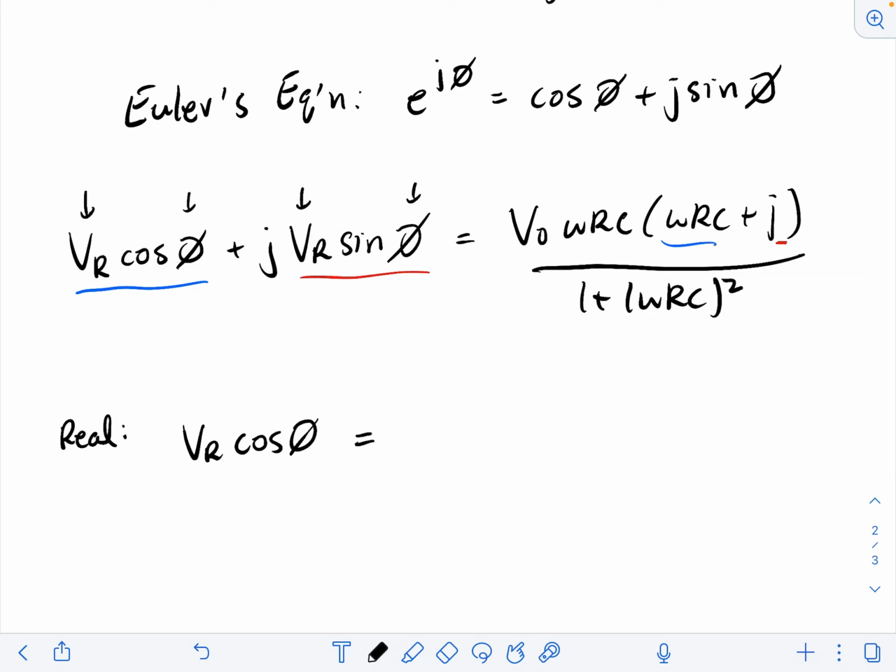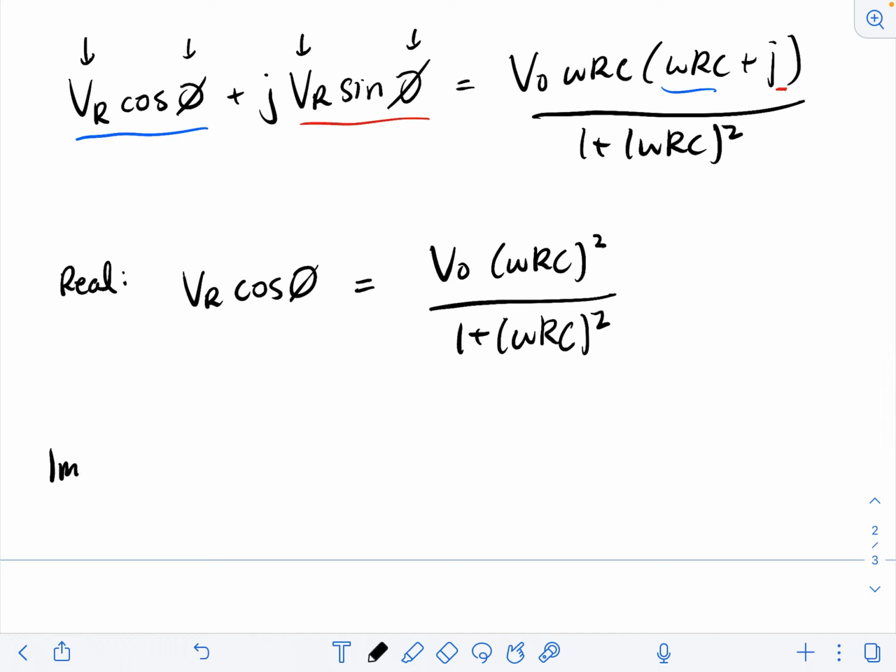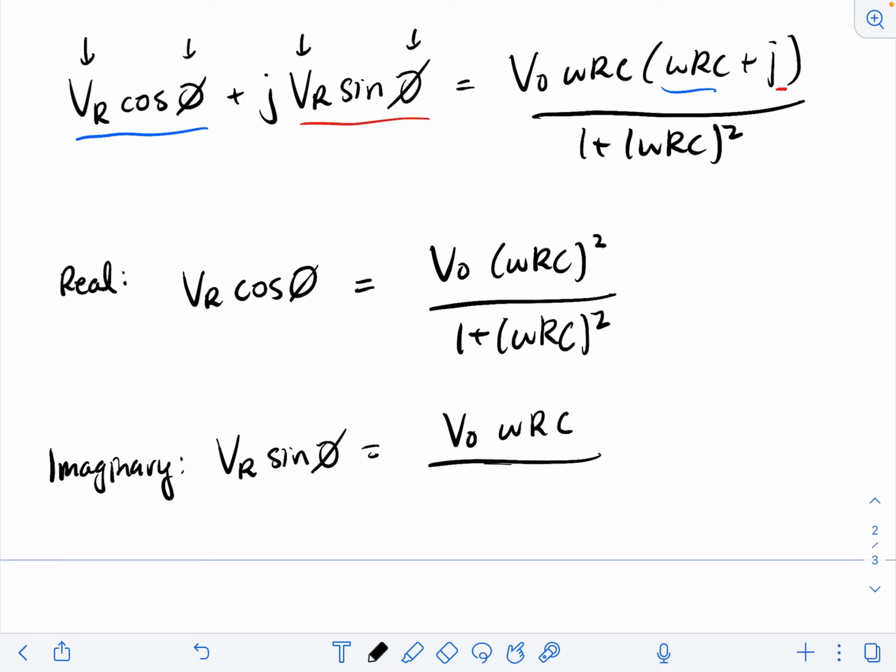And if we take the imaginary part, so on the left-hand side, VR sine phi is equal to, let's see, everything that multiplies j is just V naught omega RC divided by 1 plus (omega RC) squared.